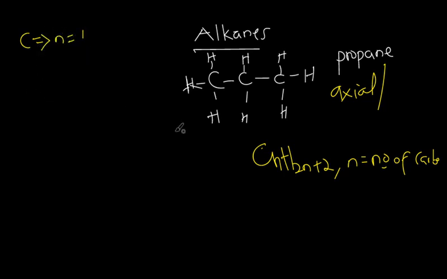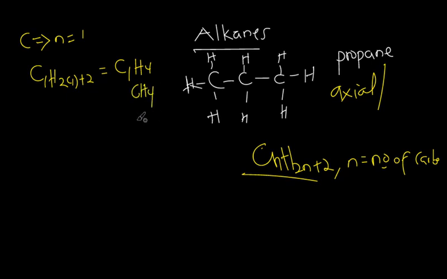Let's use the formula over here: C1H2(1+2). So it's C1H4, which is technically CH4. So the simplest alkane we can get has the molecular formula CH4. So we write it like this: CH4.